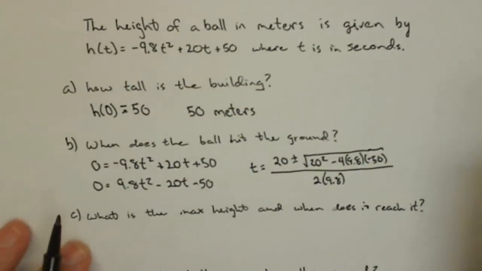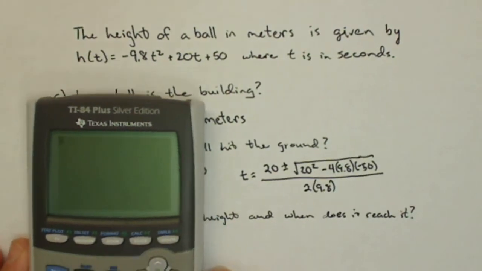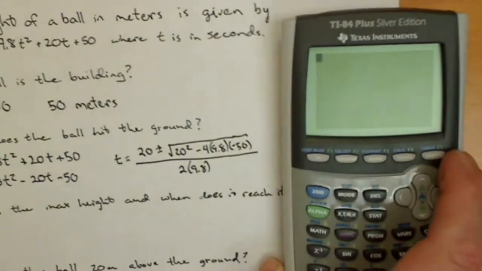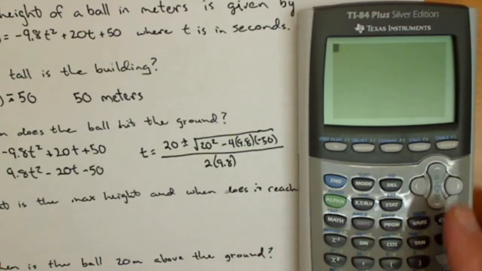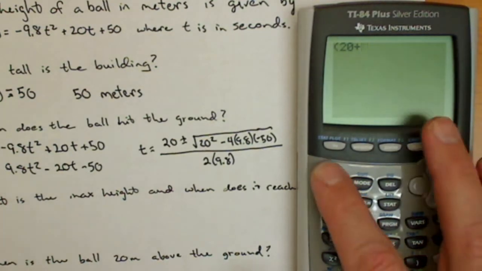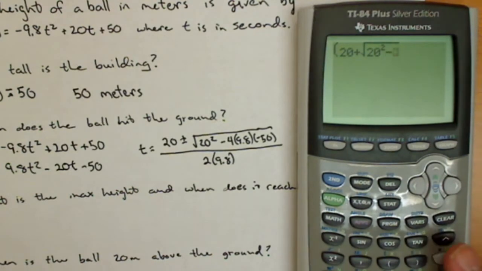Okay, let's use our calculator to help us calculate those. I'm going to go ahead and just put everything in at once. And we have our numerator, so 20 plus, I'm going to do the plus first, square root of 20 squared minus 4 times 9.8 times negative 50.